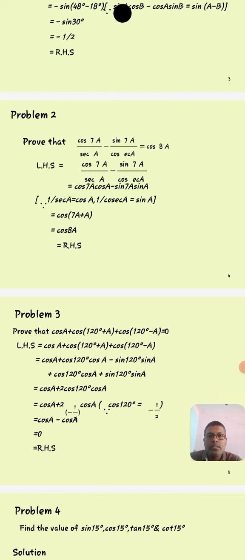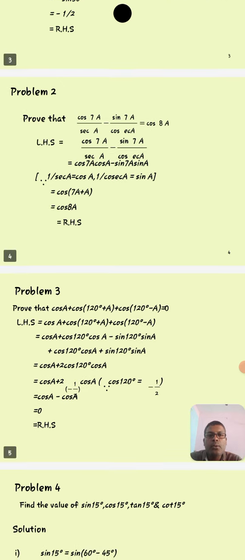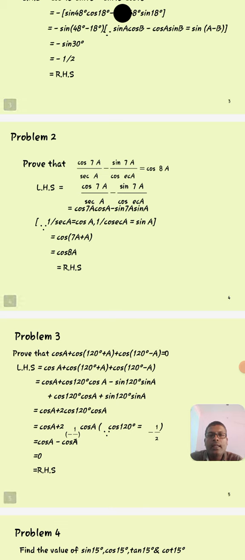So cos 7a into cos a minus sin 7a by cosecant a is there. So 1 by cosecant a is equal to what? Sin a. Why? The sin a opposite function is cosecant a. So in the place of 1 by cosecant a is equal to sin a. Now we go to the formula. What is the formula?